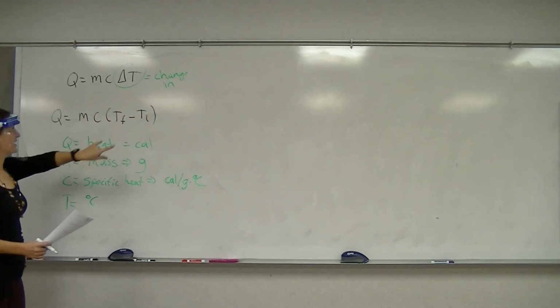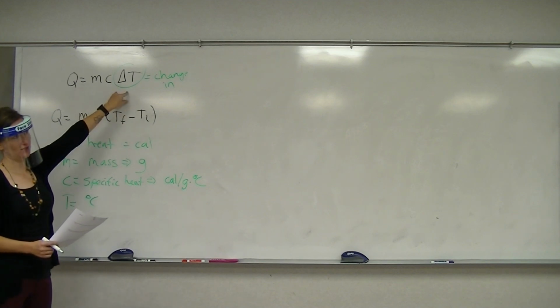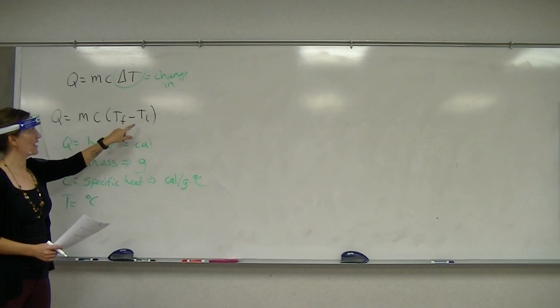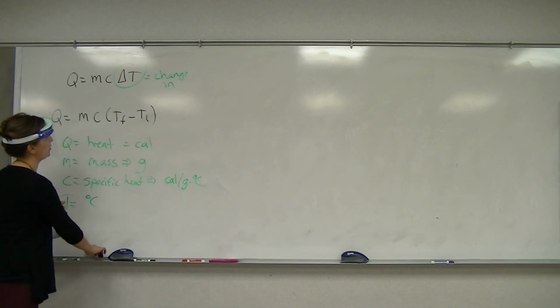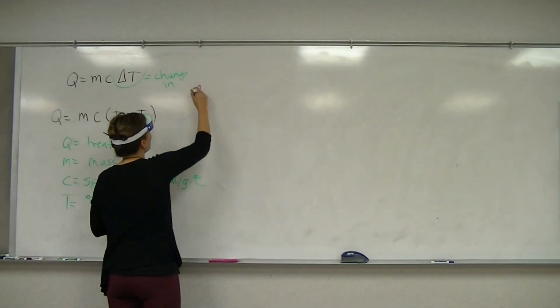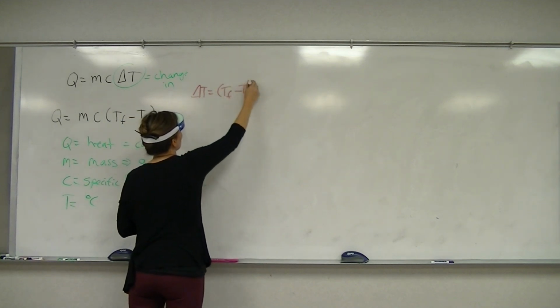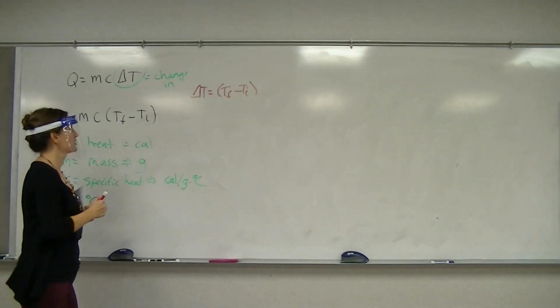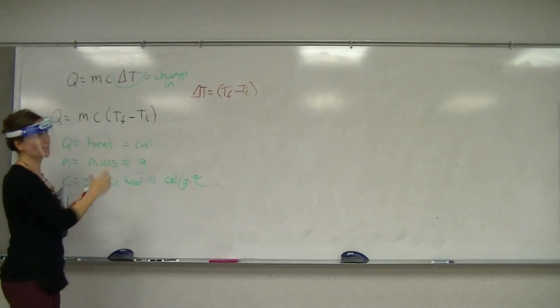But sometimes they give you two temperatures, and you have to figure out what the change is using this TF minus TI. Because whenever we have change in something, it's always the final minus the initial. So delta T is actually equal to final temperature minus initial temperature. Sometimes they'll give you the delta T, sometimes they'll give you the two, and you figure out delta T for yourself.